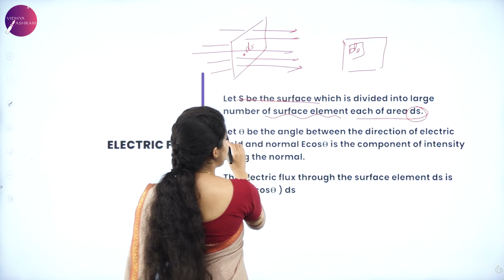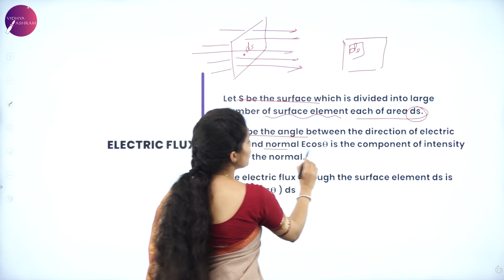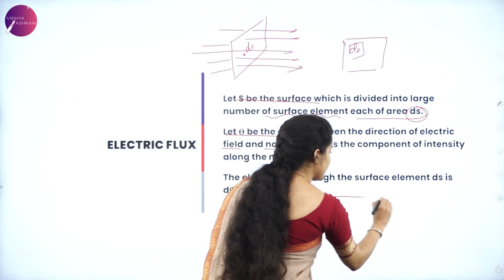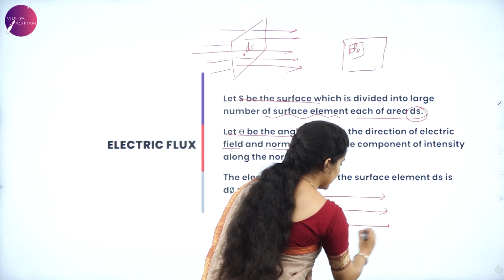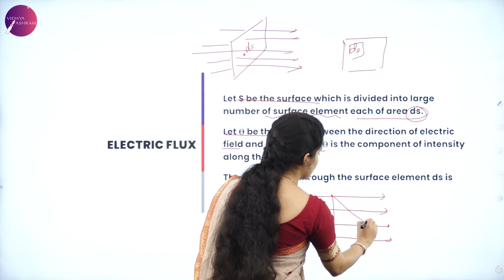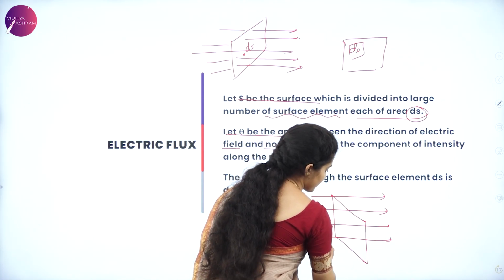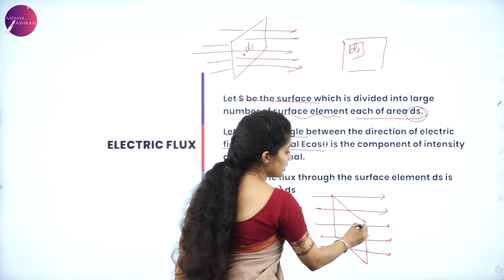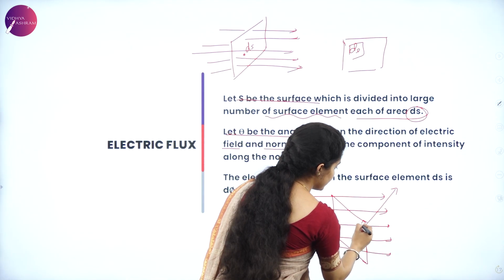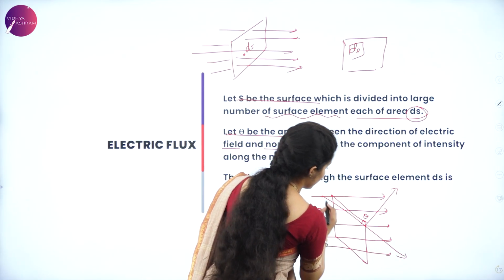So let theta be the angle between the direction of the electric field and the normal. If this is the electric field which is passing and this is just a tilting of your conductor at an angle theta, then when you draw a normal to it, it makes an angle theta to this tilted surface over here.